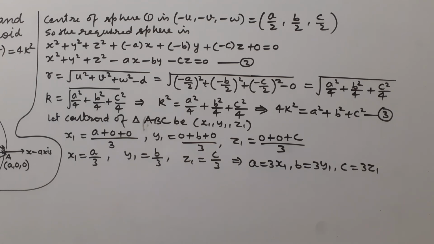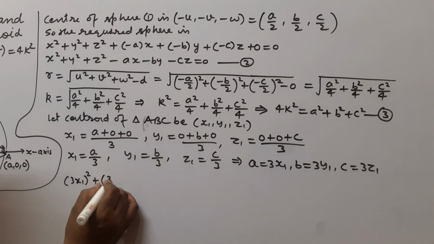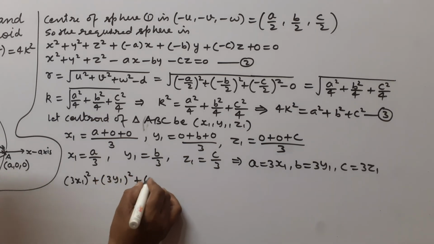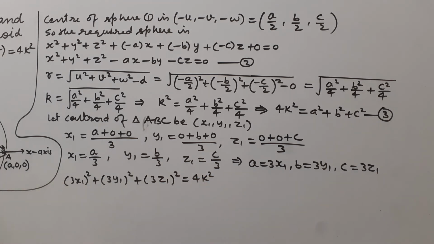Now we put the values of A, B, C in the above equation 3. So we get here 3x1 whole square plus 3y1 whole square plus 3z1 whole square, this is equal to 4k square.